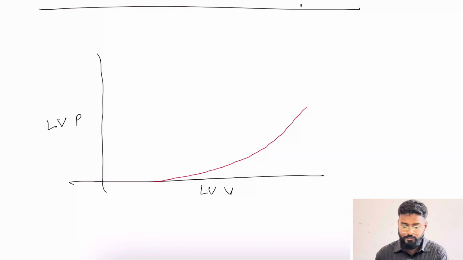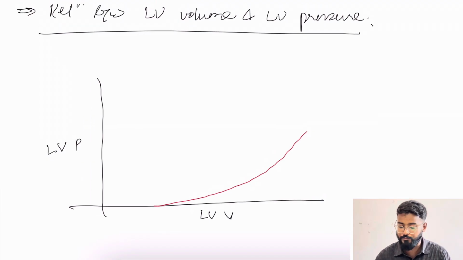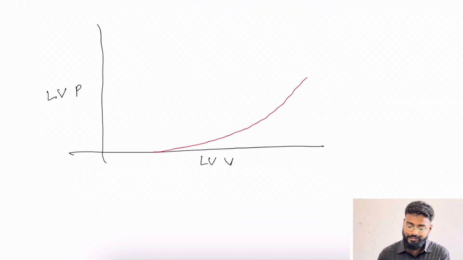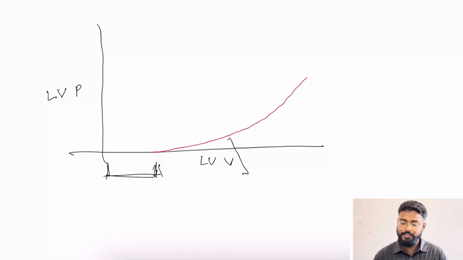So what is the significance of learning this relationship between left ventricular pressure and left ventricular volume? At this stage, whatever blood is inside the ventricles is not going to cause any pressure onto the walls of your ventricles. But as the filling starts beyond this, you can see this relationship is linear.